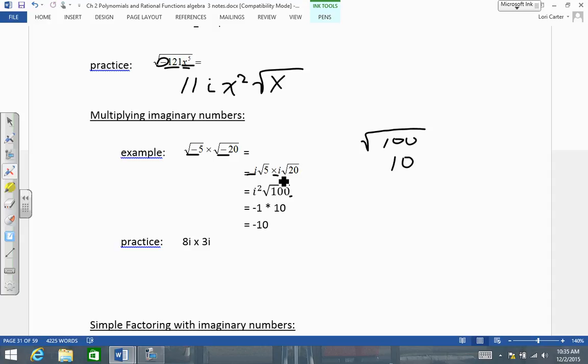So i times i is i squared. 5 times 20 is 100. Well, what's i squared? Negative 1. The square root of 100 is 10, so your answer is negative 10. Do you see where your mistake would have come from? Be careful.